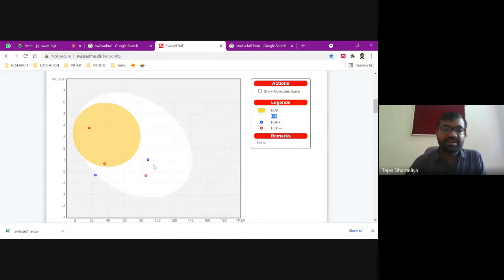The white indicates human intestinal absorption. The compound in white, this is molecule 2, is easily absorbed. Molecule 4 and molecule 5 can easily permeate the blood-brain barrier.